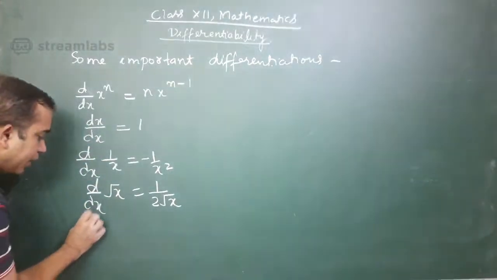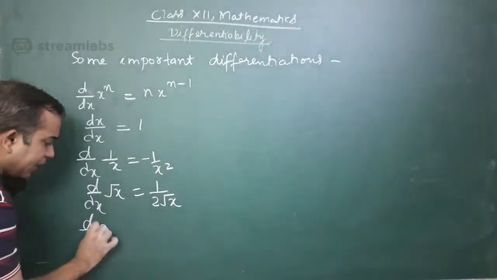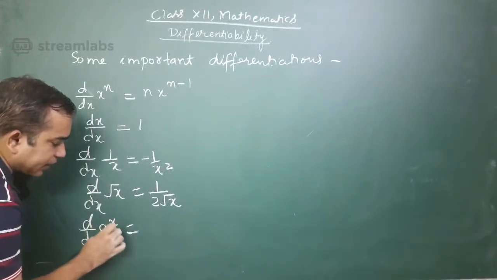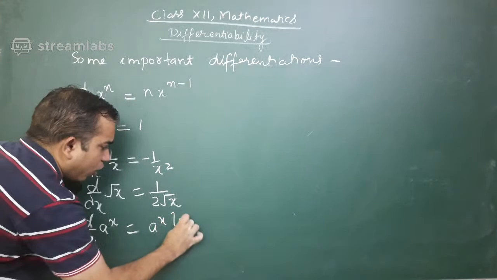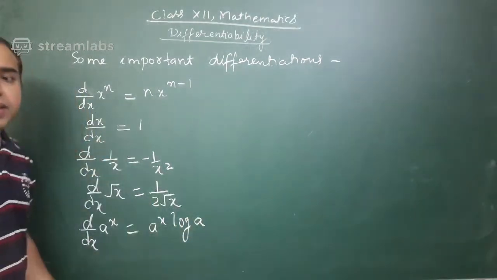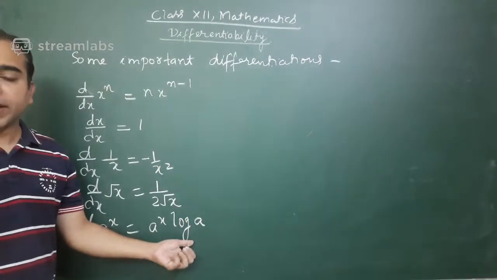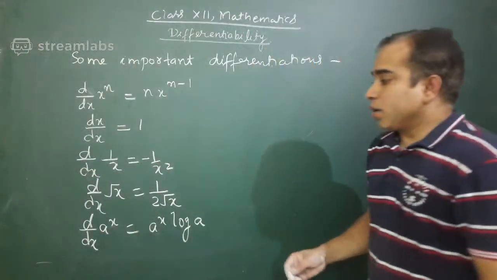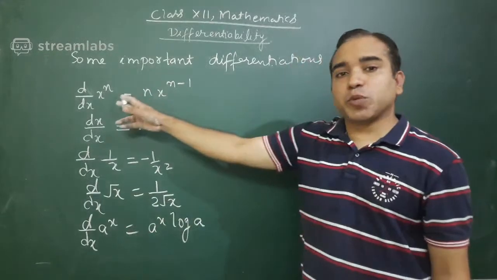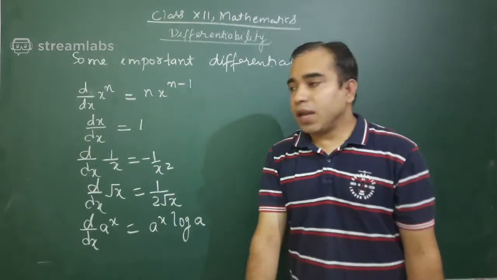Then there is the formula d upon dx of a to power x. A raised to power x, the value is a raised to power x into log a. Right? When we don't write the base, we mean natural log, and the base is considered as e. Now, a to power x and x to power n are both different formulas.